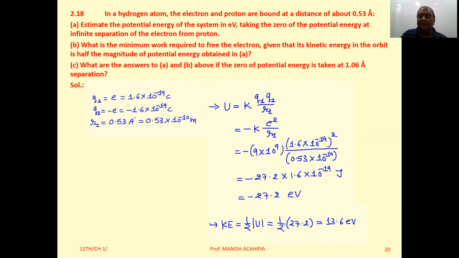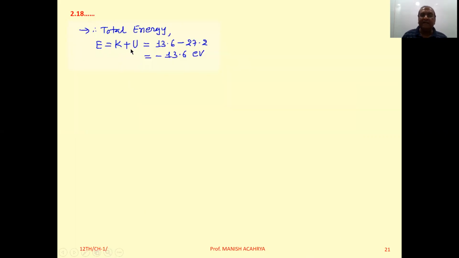Okay. Now, total energy of the system is kinetic energy plus potential energy. So kinetic energy is 13.6 electron volt, potential energy is minus 27.2 electron volt. So resultantly, the total energy is minus 13.6 electron volt. Now, work done to make electron free. See here, total energy comes to negative.